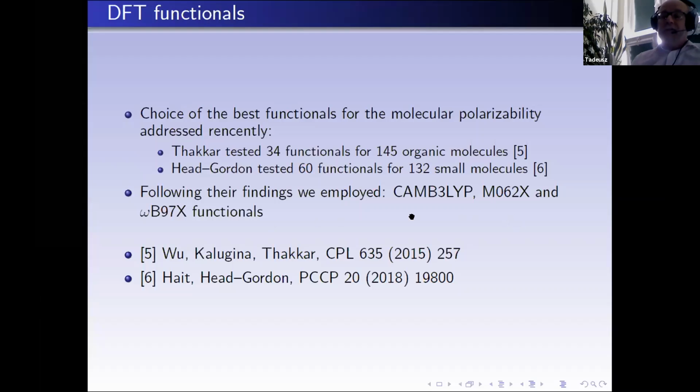Namely, there is this global hybrid meta generalized gradient functional of Truhlar, M06-2X, and two long range corrected functionals, the Coulomb attenuating method, CAM-B3LYP, and this functional of Head-Gordon. So we use these three functionals.